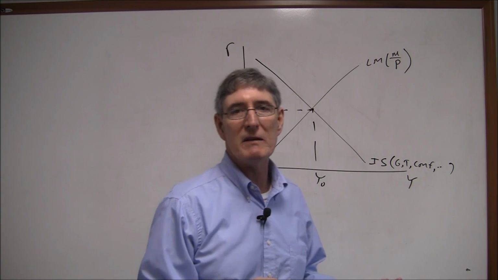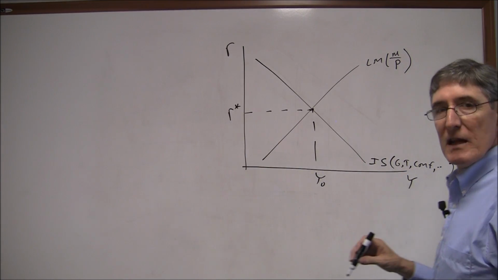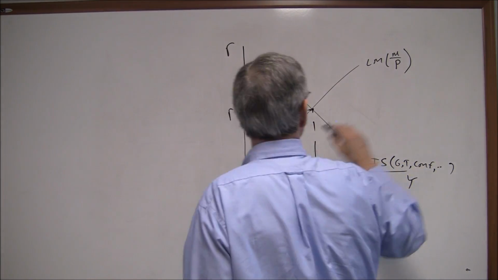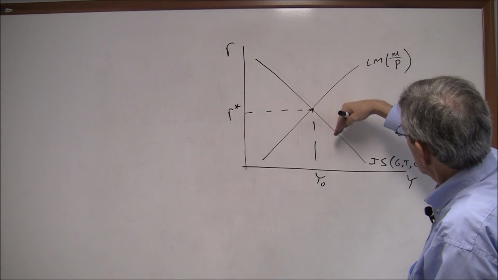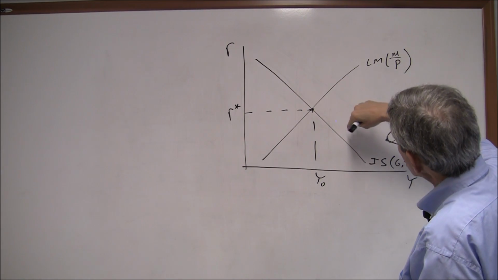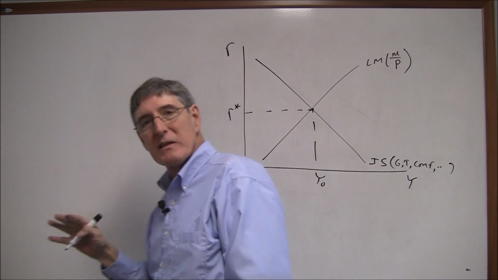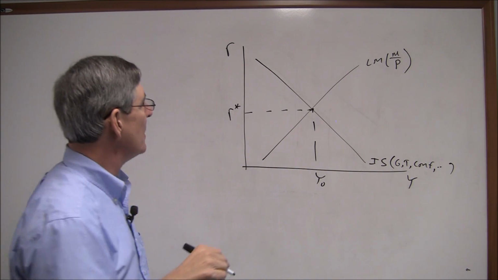So last time the way we did monetary policy, traditionally the way we thought about monetary policy is the Fed would manipulate this M to hit some goal. But that's not how it works anymore. What the Fed does is they control the money supply.